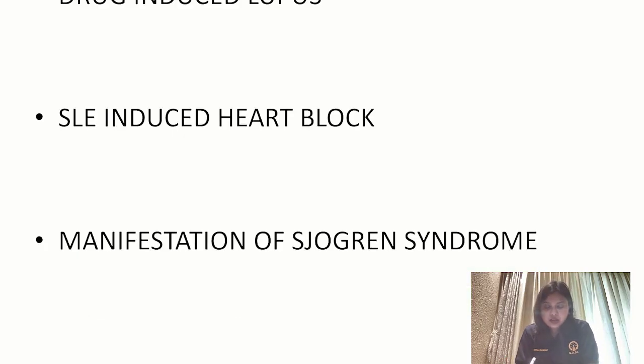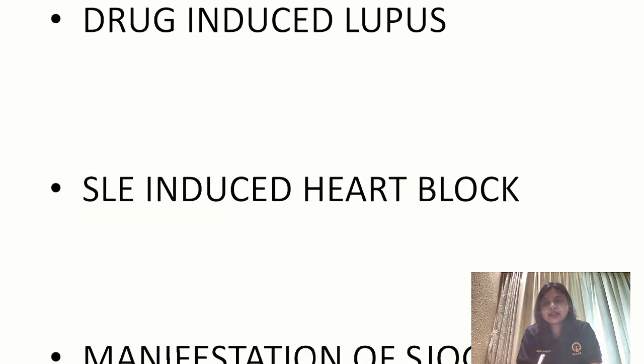Okay, now we are going to read 2-3 things about some very important one-liners. First, we are going to see is the drug-induced lupus. So, drug-induced lupus, what are the drugs which causes lupus? There is a wide list of drugs which can cause systemic lupus erythematosus, but at least we need to remember some of them.